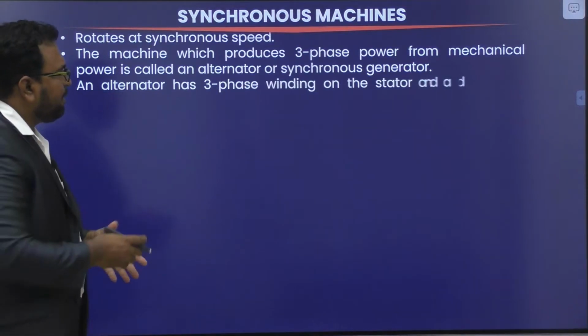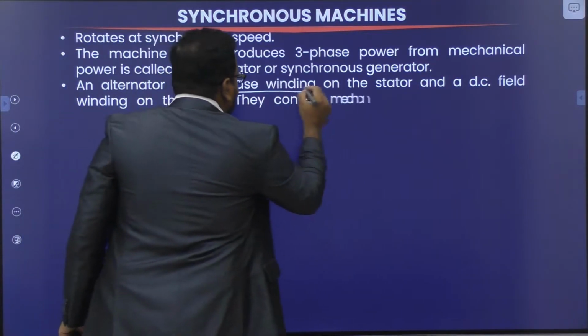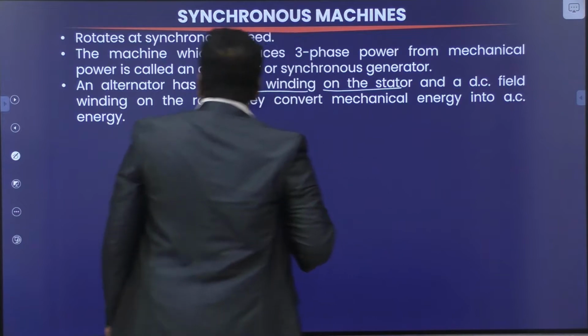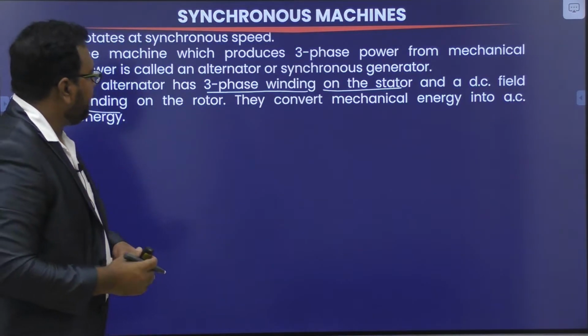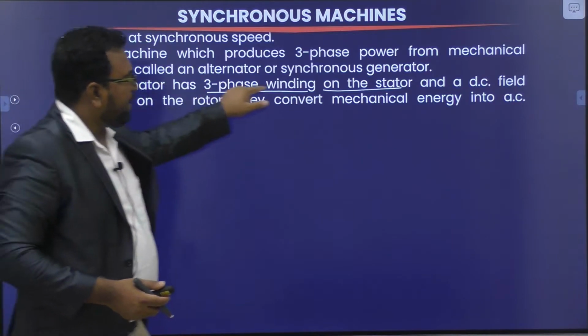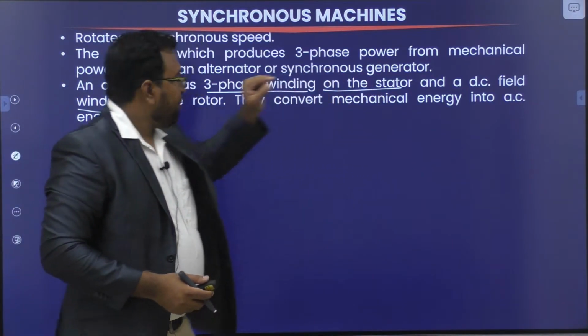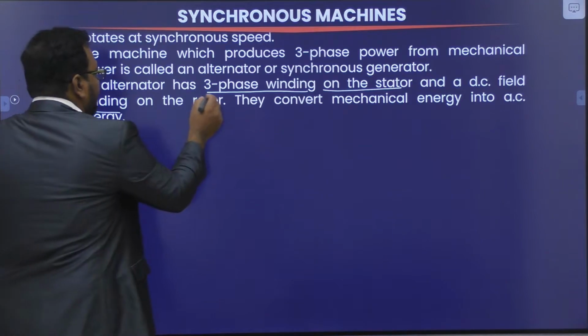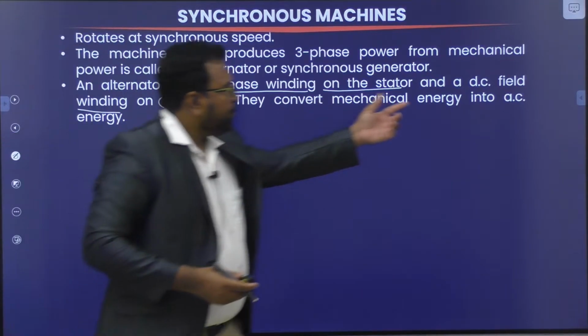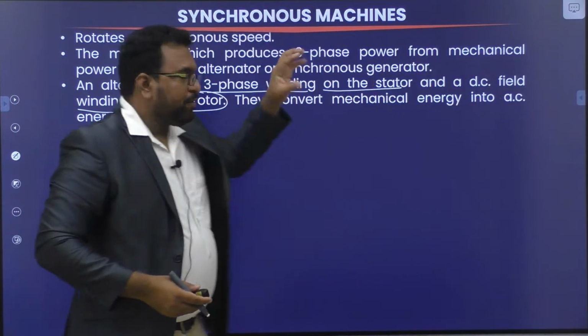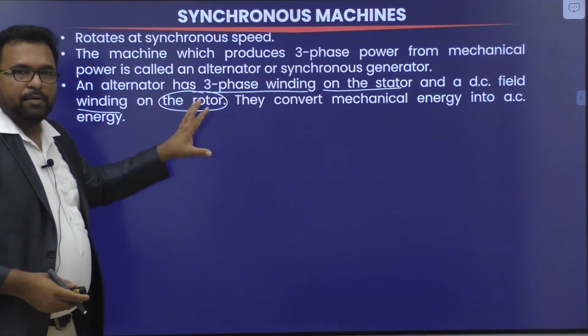An alternator has a three-phase winding on the stator and a DC field winding on the rotor. As I told you earlier, we provide a DC supply to the field winding present on the rotor.